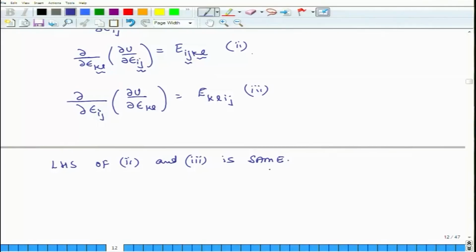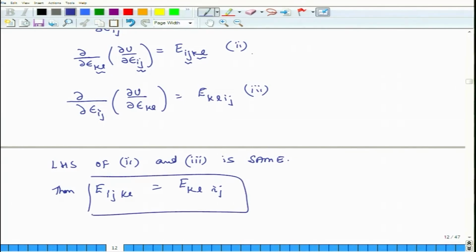So, if the LHS of both 2 and 3 is same, then Eijkl is same as Eklij.